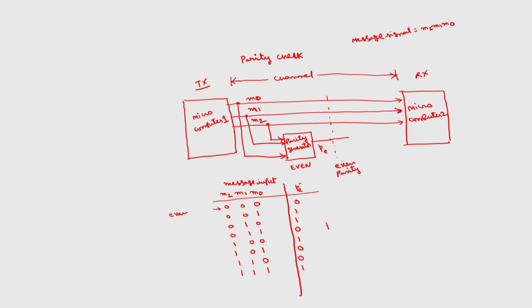The expression for PE will now be the Boolean expression. Wherever this 1 is there, you read the corresponding minterm. This is M2 bar M1 bar M0, plus M2 bar M1 M0 bar, plus M2 M1 bar M0 bar, plus this one.